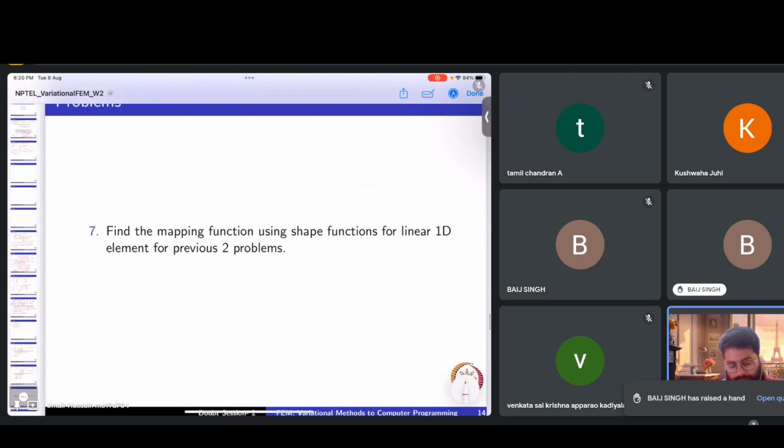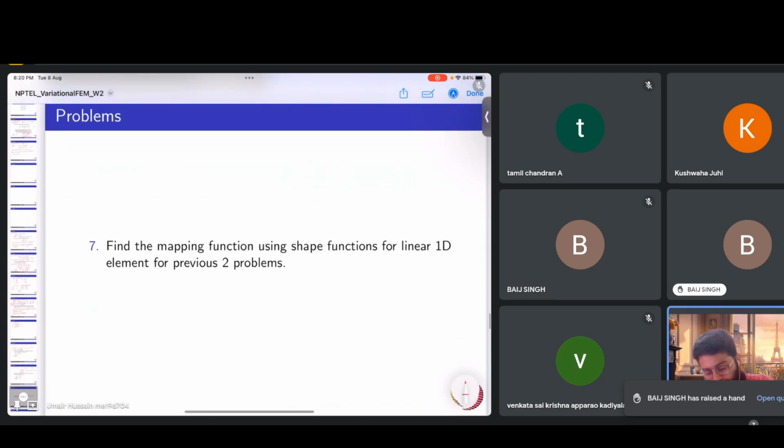Now find the mapping function using shape functions for linear 1D element for the previous two problems. We were given 2 to 6, right? x equals 2, x equals 6. So using shape functions, what is the formula? We have N1 times x1 plus N2 times x2.